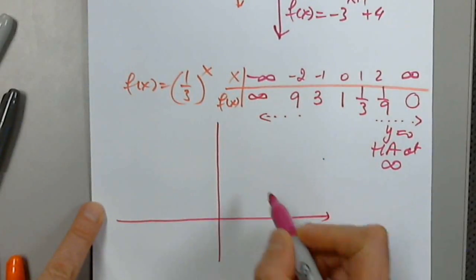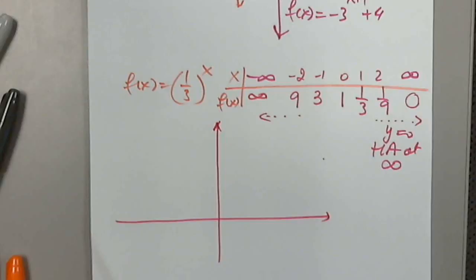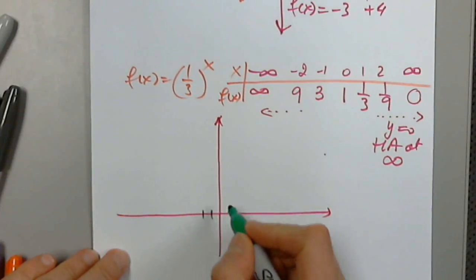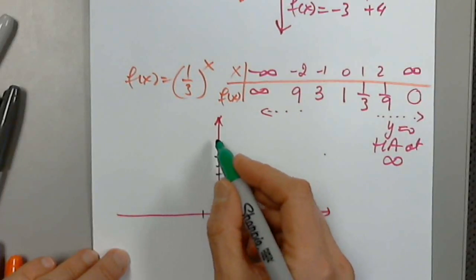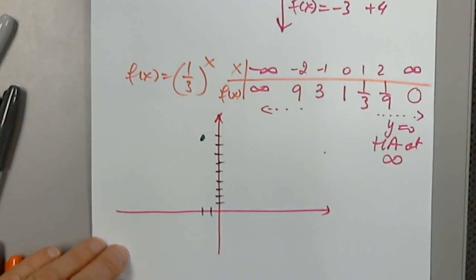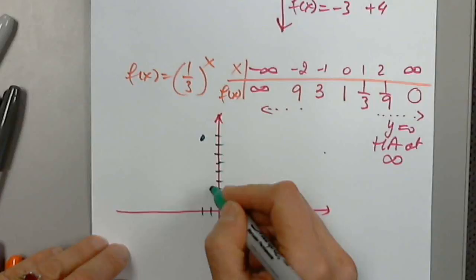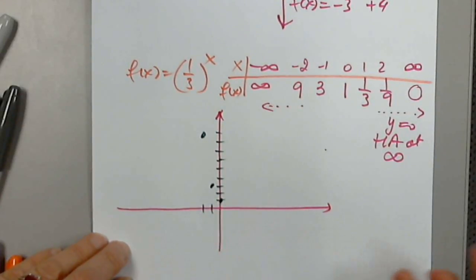And we'll see it has the same properties as the other one, but some of them are different, of course. Good, the first ordered pair: -2, 9. Then -1, 3. And then 0, 1, as expected.